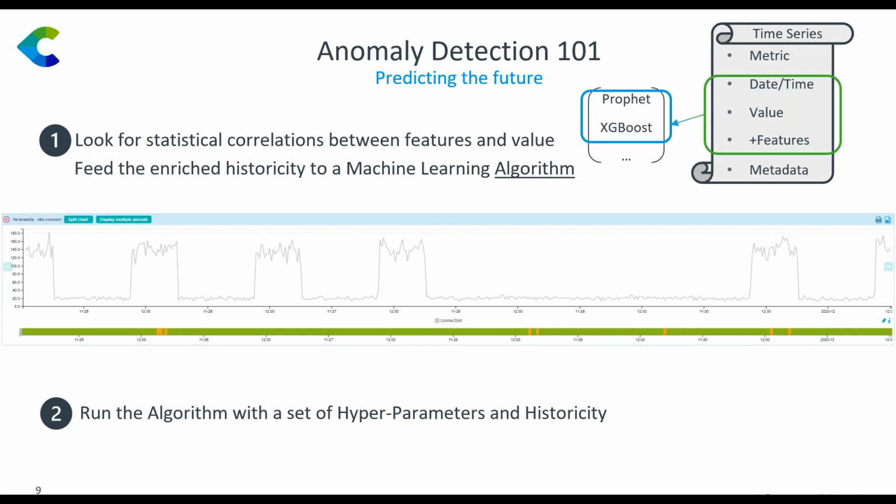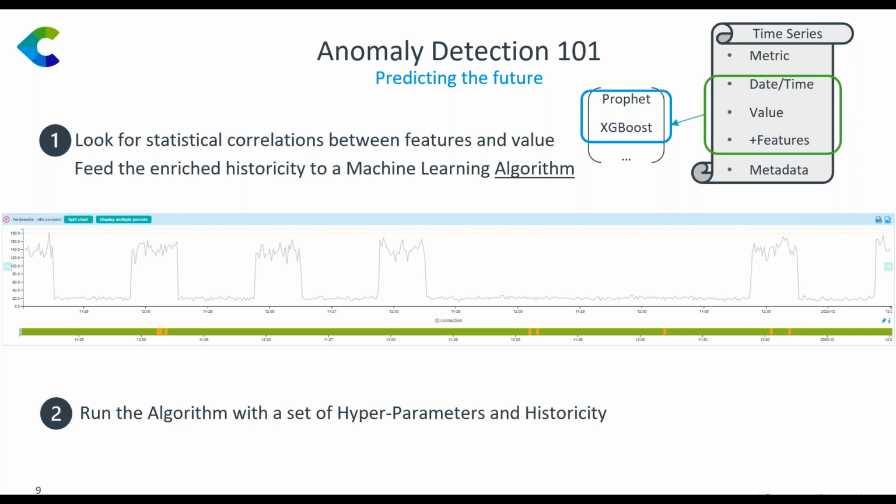So if we take this example, I have a history of 7 days. Using this history of 7 days, how far into the future am I looking? Is it 2 days? Is it 1 week? Etc. This is an example of a hyperparameter. There are many different types of hyperparameters. They are very important. Some are very specific to the algorithm you're using. Some are generic, like the horizon.